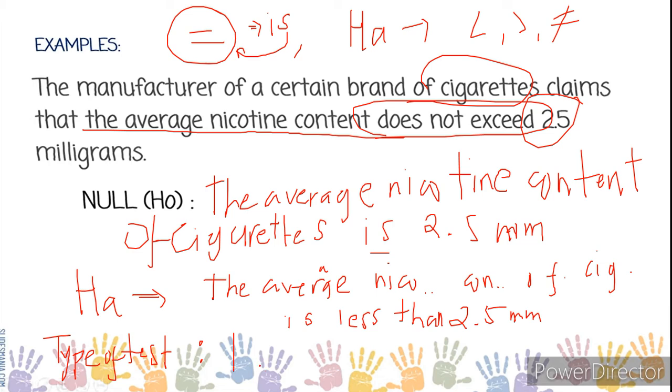It's one-tailed po, no? So this is one-tailed because of the word less than. Yan. Again, the manufacturer of a certain brand of cigarettes claims that the average nicotine content does not exceed 2.5 milligrams. Kapag kukunin natin yung null, the average nicotine content of cigarettes is 2.5 millimeters.